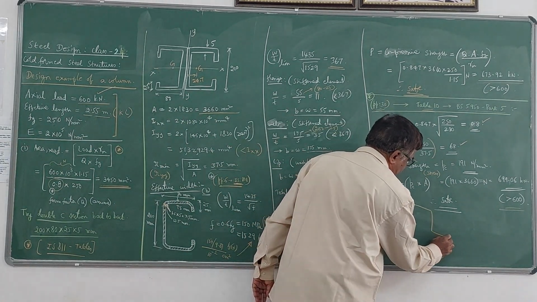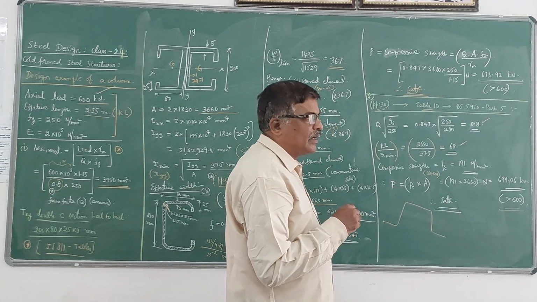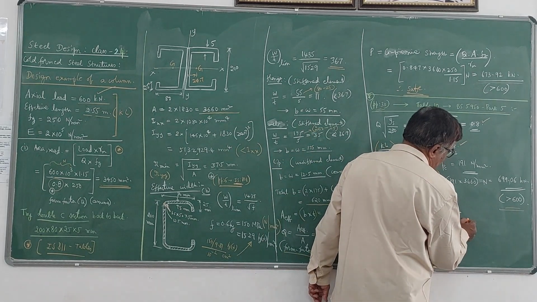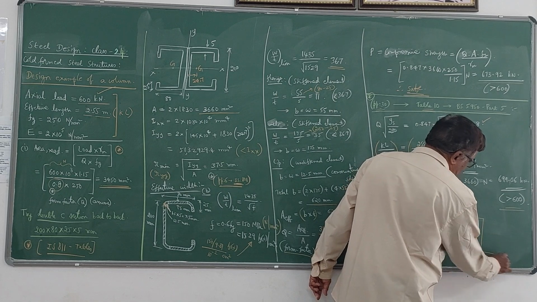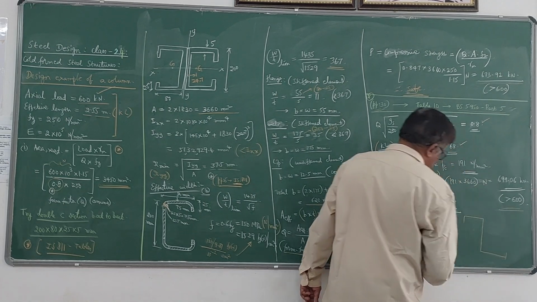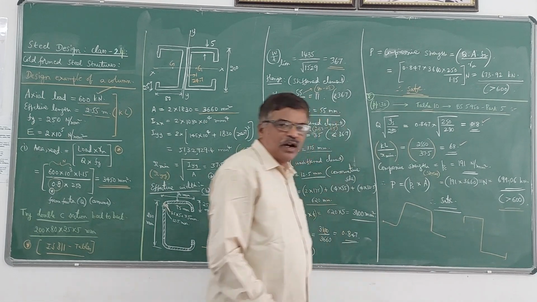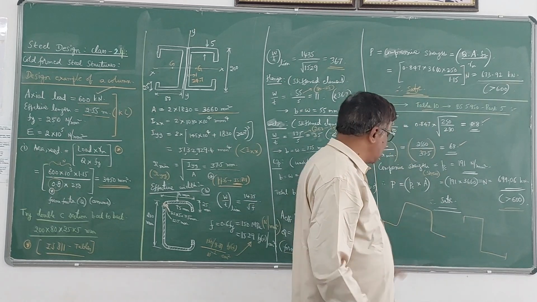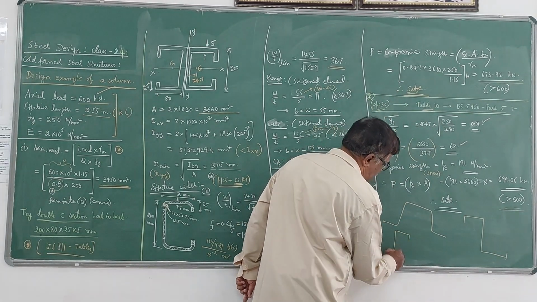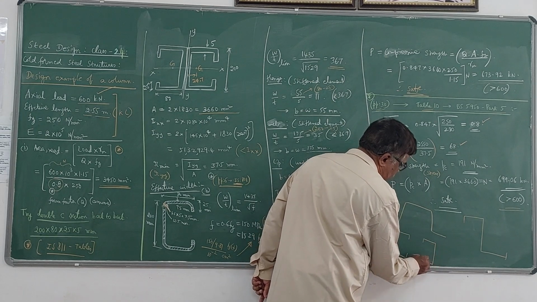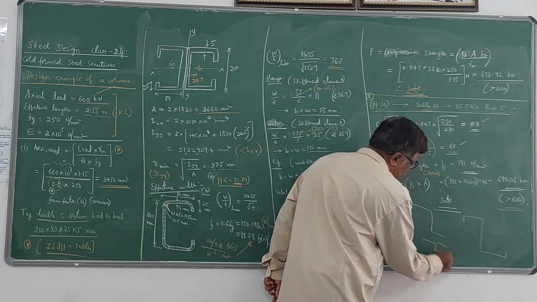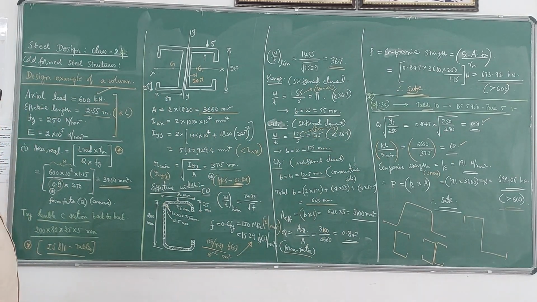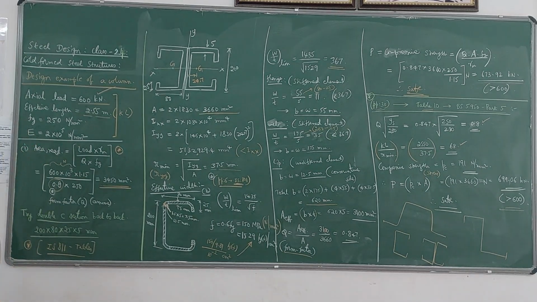These are the different types of sections you can choose for designing a compression member. You can choose a hat section, or else a Z section with lips like this. Normally the Z section is used for bending elements, whereas for a compression element you can choose either this, or this, or a double C section like this. So this is how the design steps will run for the design of a compression member using cold formed steel sections.